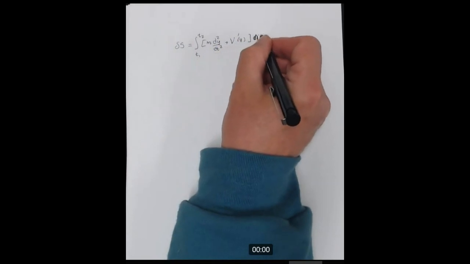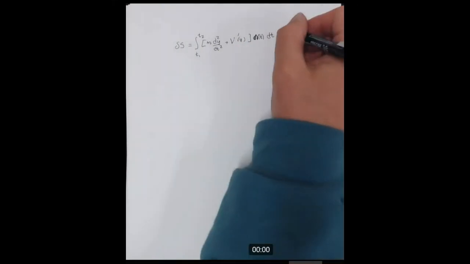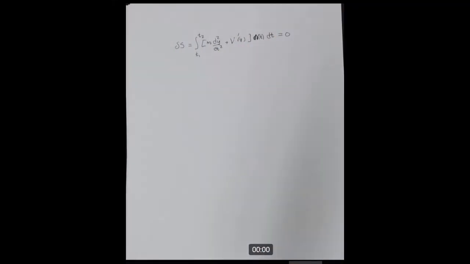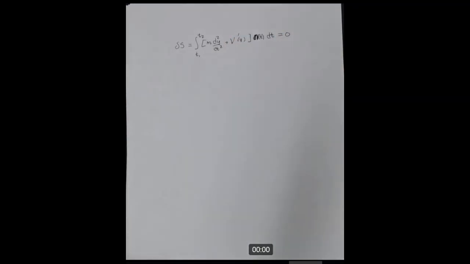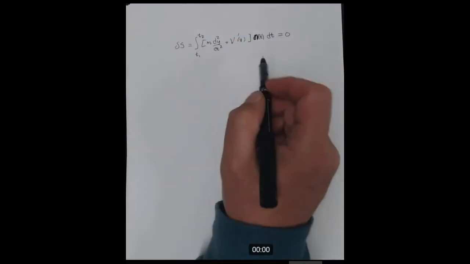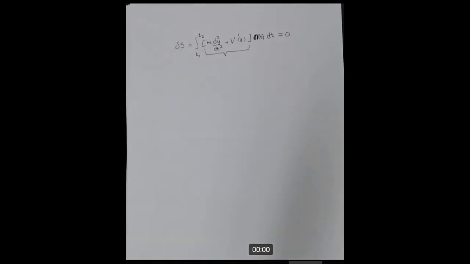This is η. And since it was first order in η, it had to be 0, so what's in here had to be 0.